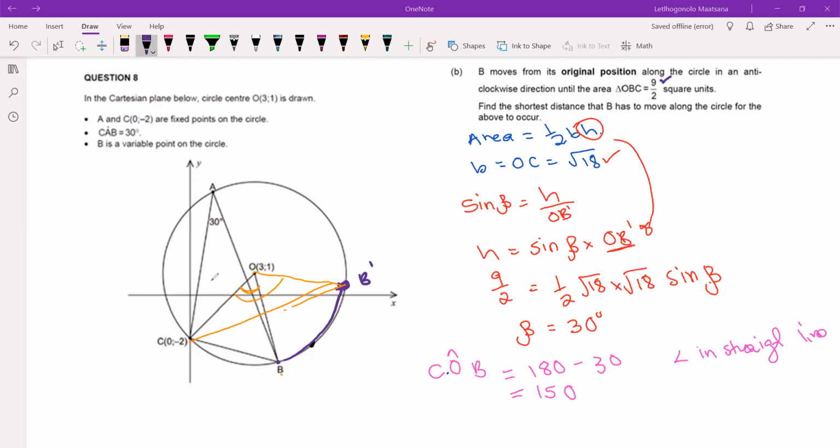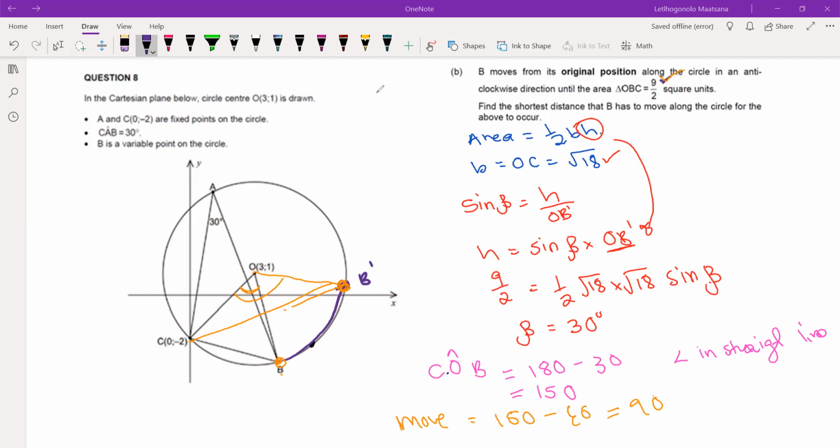So how much did it move in order for it to get to 150? In terms of movement, it's final minus initial, giving us 90 degrees. So there was a 90 degree movement from where it used to be to where it is, so that our area is 9/2.